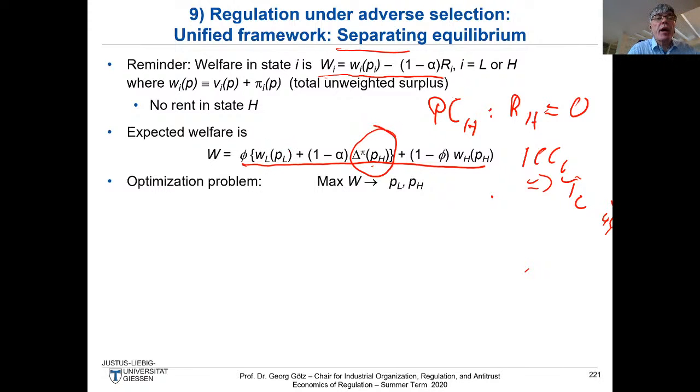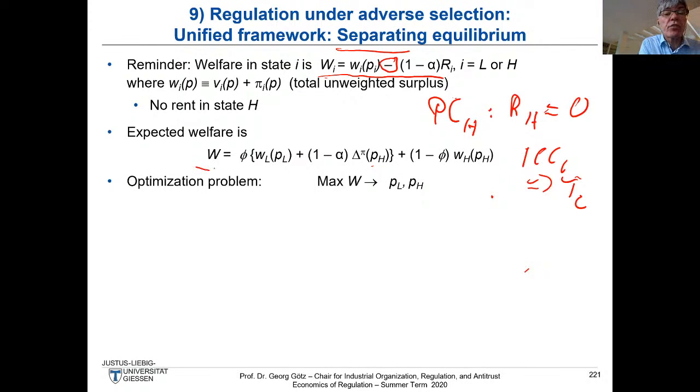That's this delta pi PH. And here we have a plus, because even though up here it's a minus, this delta pi, this profit difference, is negative. Okay? Yeah.